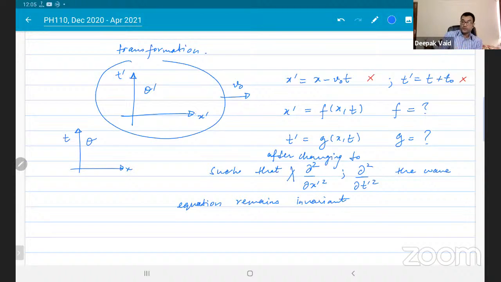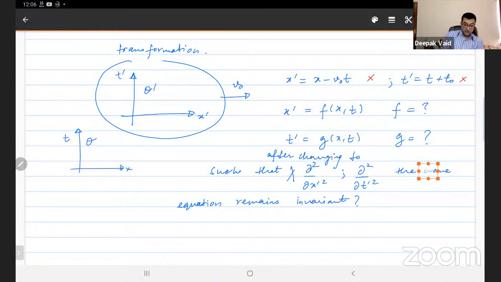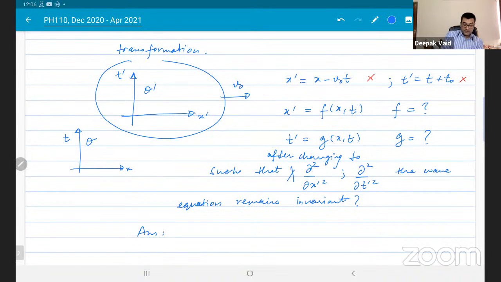So after going to these new coordinates, the wave equation remains invariant. What should be the form of these functions? And the answer is that this f and g are given by what we call the Lorentz transformation.